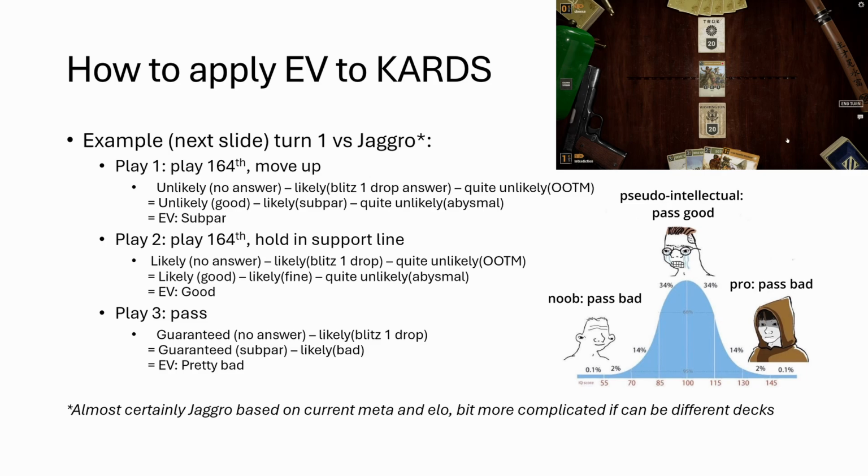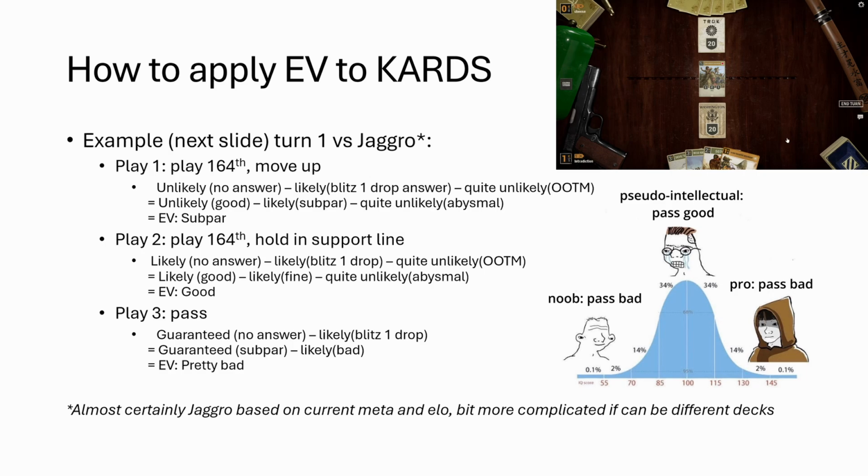And if you want on turn 2 to trade out their Blitz 1-drop with your 164th, now you're playing off curve really badly. Turn 1, you floated 1 credit. Turn 2, you also float a credit. Turn 3, potentially also bad, but you do have the Devil's Brigade.